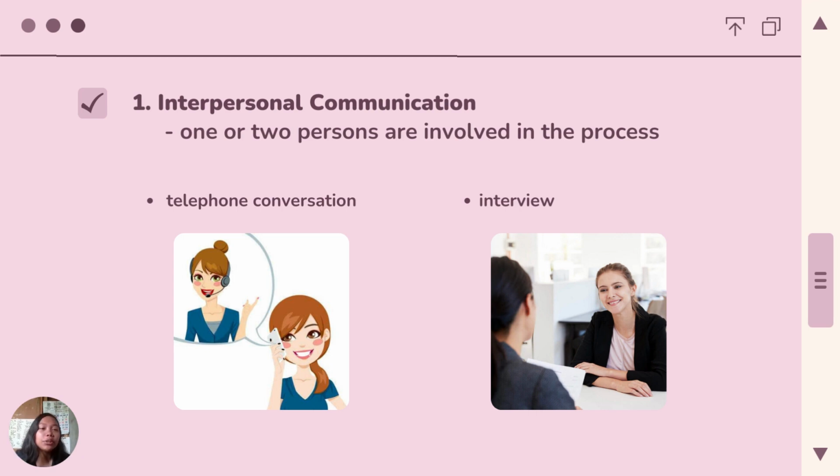There are one or two persons involved in the process. So another example is telephone conversation. So you call your best friend or your mother or your father or your sister and you talk about anything, your important decisions, or you're confirming for something or you're asking for permission. It's interpersonal. It's just a communication between you two.